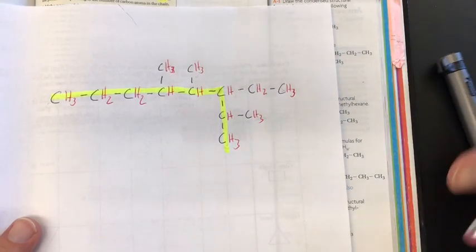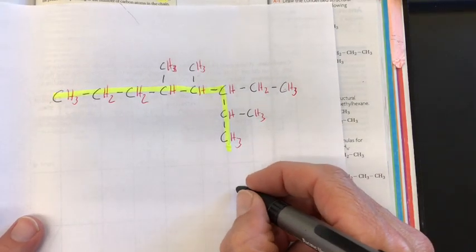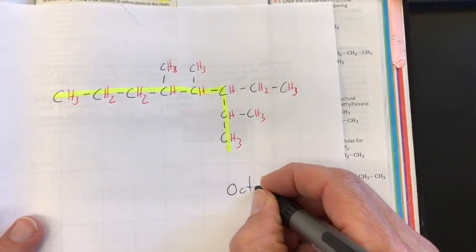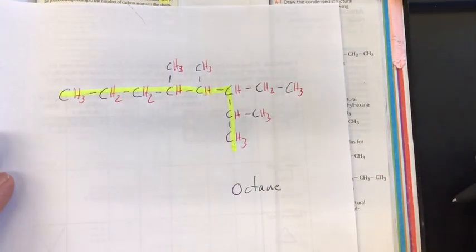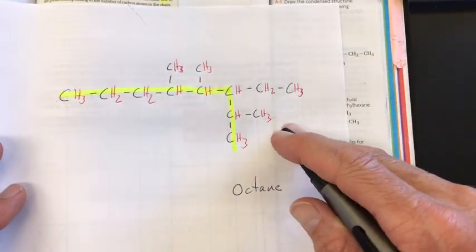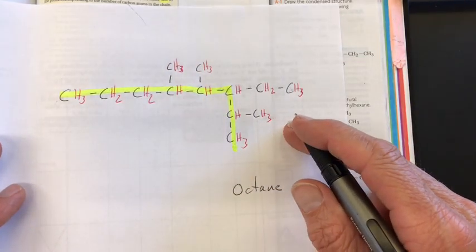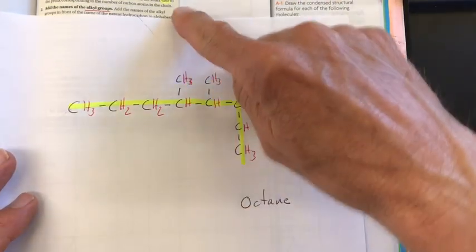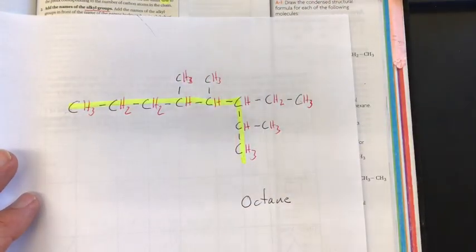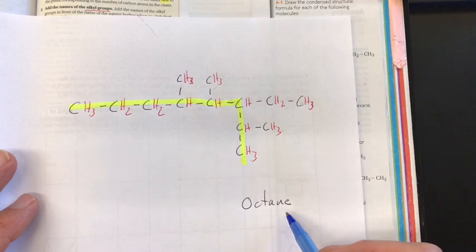So let's start by naming this guy octane. Octane. But that doesn't really tell us much because it doesn't tell us anything about what's attached to it, where it's attached, and so forth. By the way, it says to add the ane at the end, which we did. We took the oct and we added ane.